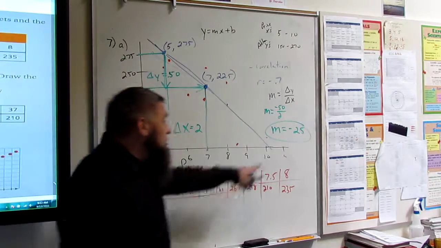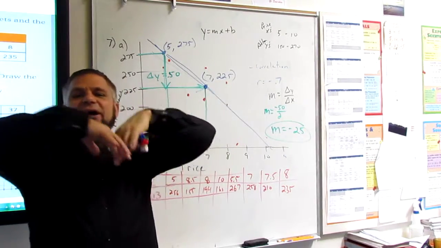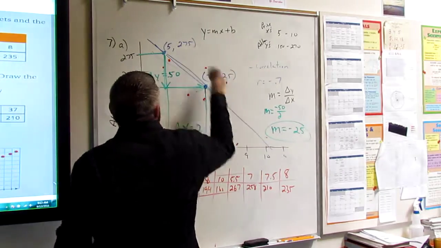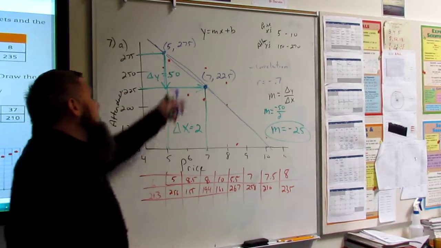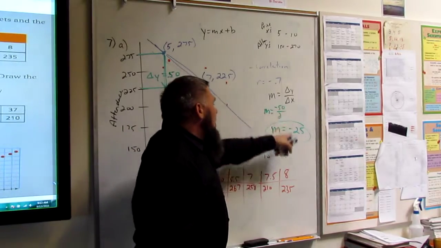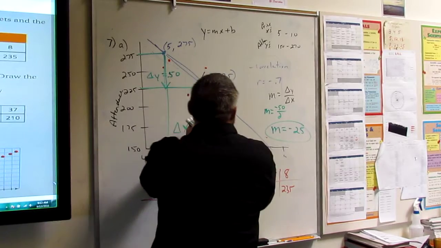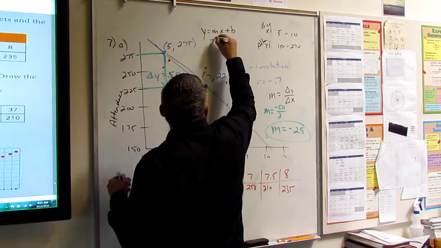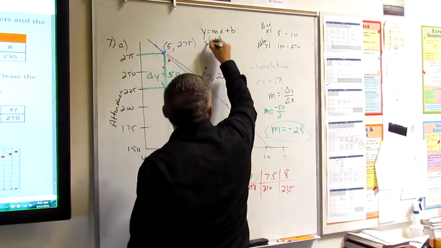Now, I know the slope. I know y equals mx plus b. I got to find b. So which one of these points am I going to grab? The 5. Yeah, why not? It's the lowest one. I know I'm going to multiply negative 25 times x.